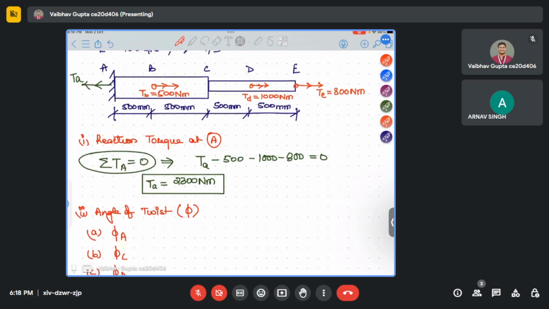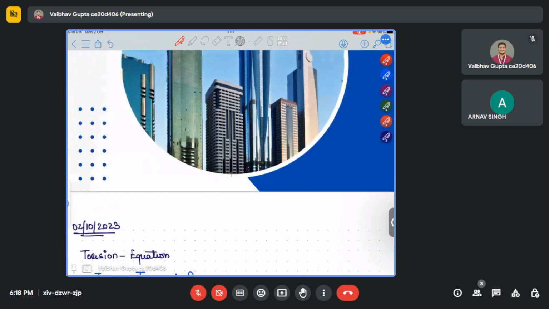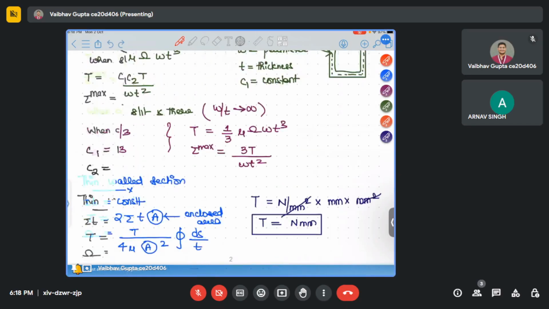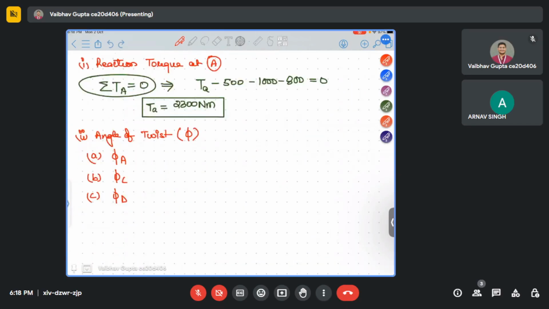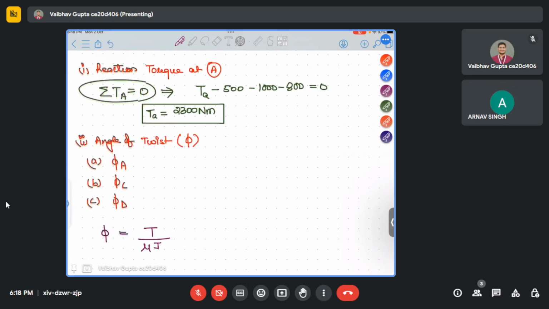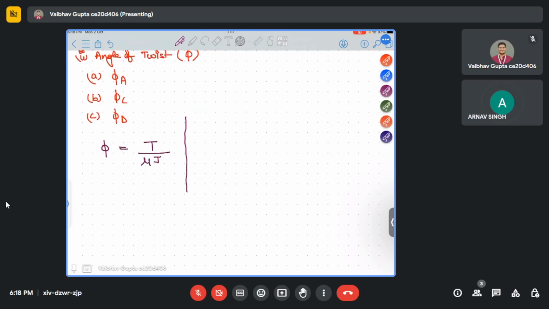Okay. So as we have seen in the above equation, can we find the angle of twist from this? If I use the equation, the angle of twist phi is nothing but T by G J. Now G is nothing but the shear modulus, which is given by the expression E upon 2 into 1 plus mu.